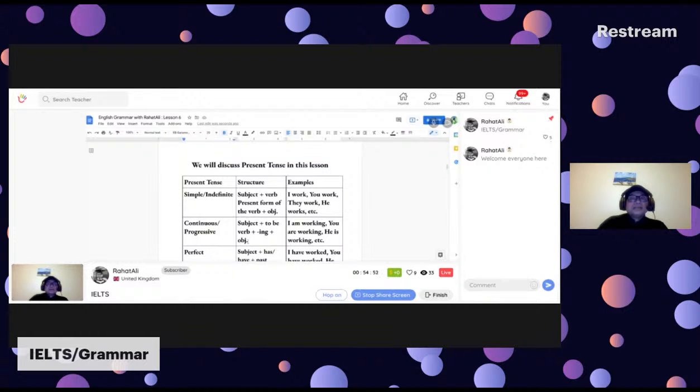All right. Basically, present simple are those actions that we do repetitively, very often, as a habitual fact, or we use present simple for the universal truth, like the sun rises in the east, the moon lights at night, the earth rotates in its own orbit.